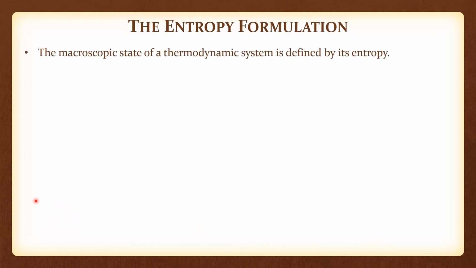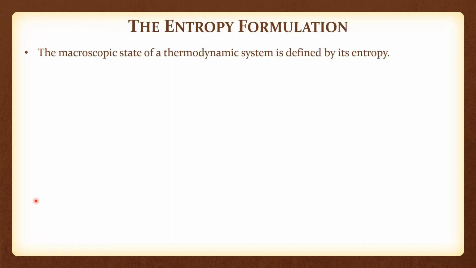It states that the macroscopic state of a thermodynamic system can be defined by its entropy. Similar to the internal energy formulation, we saw that both these formulations are interconvertible and invertible.